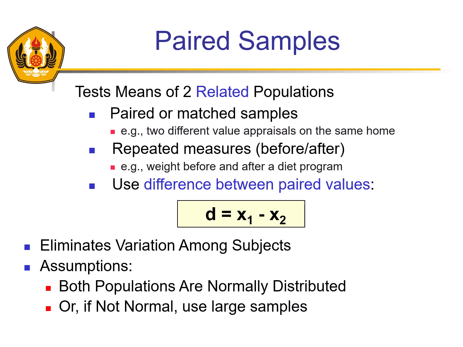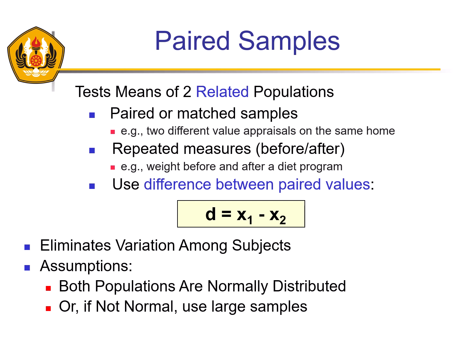And then we move to paired samples. Previously, we discussed two independent samples. Now, for two paired samples, we can also do hypothesis testing for the means of two related populations. Paired and matched samples are typical of two related populations.